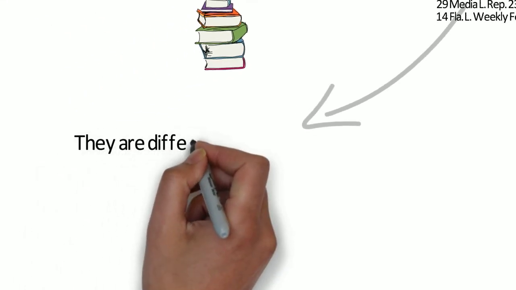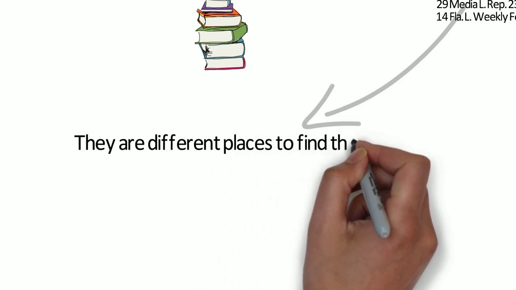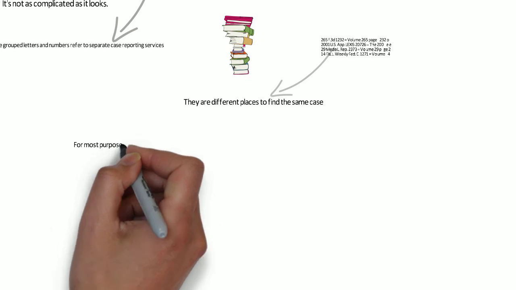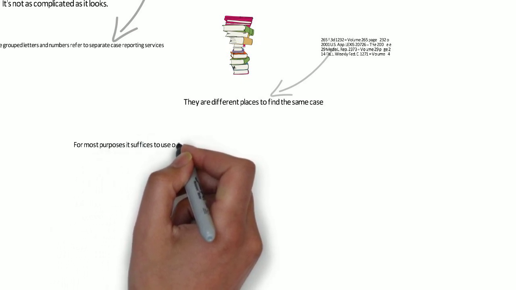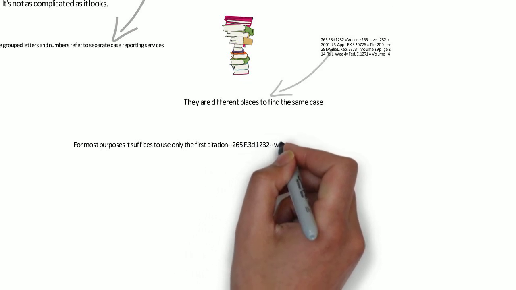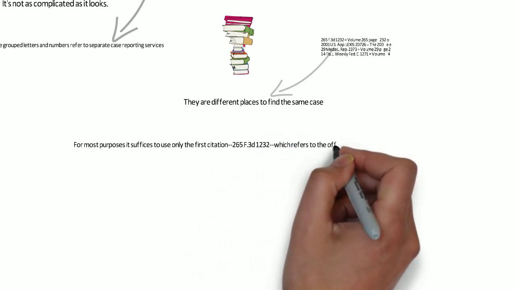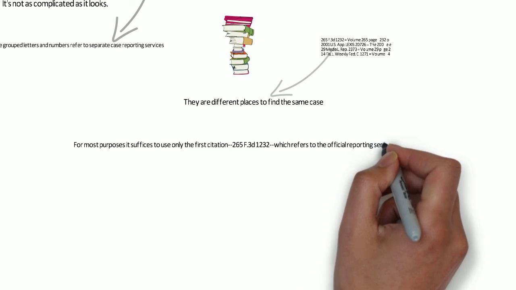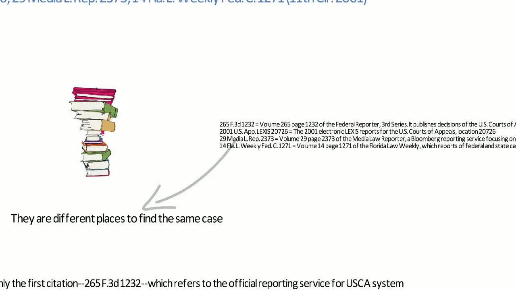These are all just different books or online resources in which you can find the same case decision. For most purposes, it suffices to use only the first citation, 265 F.3rd 1232, which refers to the official reporting service of the United States Circuit Courts of Appeal system.